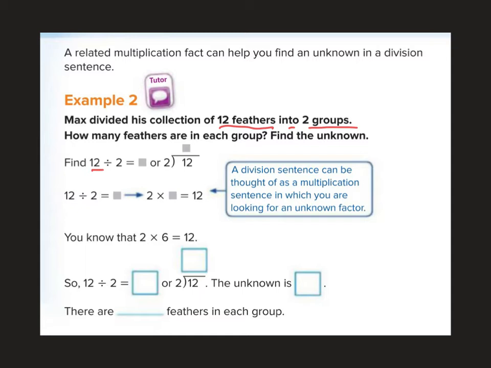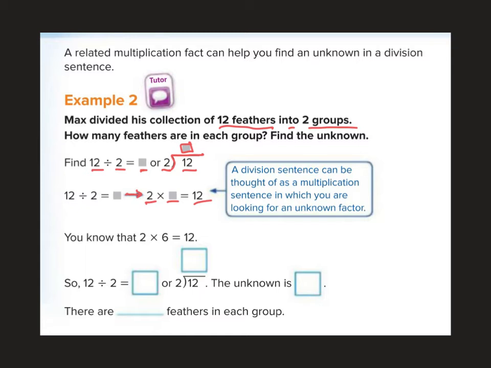If I need to find 12 divided by 2 equals the unknown, I can think about a multiplication fact, a fact family. I could say 2 times what is 12. I can count by 2s on my fingers: 2, 4, 6, 8, 10, 12. How many 2s did I need to get to 12? I counted 6.